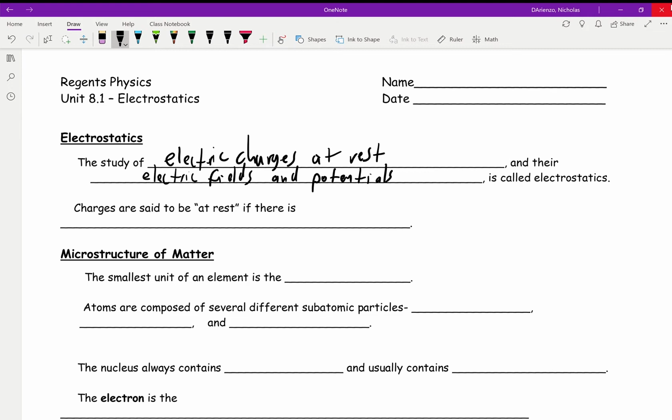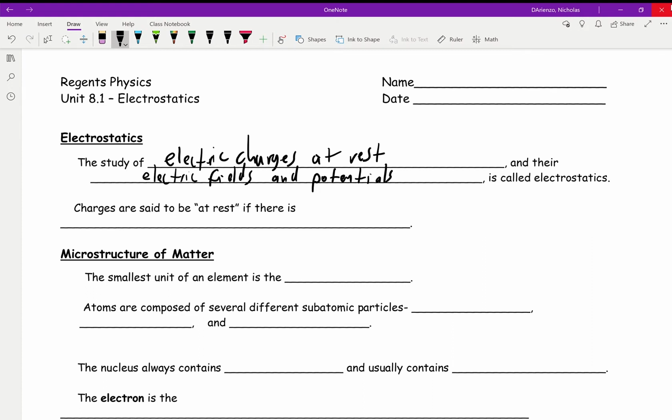So charges that are not moving, this is more of an ideal scenario versus a non-ideal scenario, thinking with friction. It doesn't mean that electric charges are always in motion, but oftentimes they are in motion, especially when we're talking about electricity.